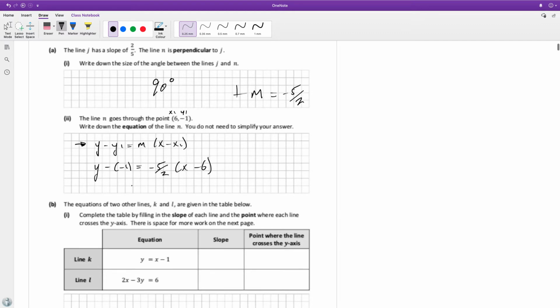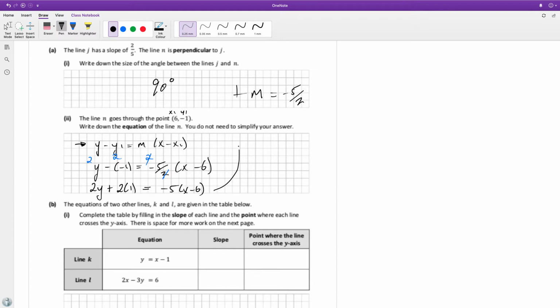So what do we have to do with our fraction? How do we get rid of our fraction, from last week? Multiply across by 2, 2, and 2, so that they cancel. 2 by y is 2y. What's minus by minus 1? Plus 1, so it's 2 times 1 is equal to minus 5 times x minus 6.